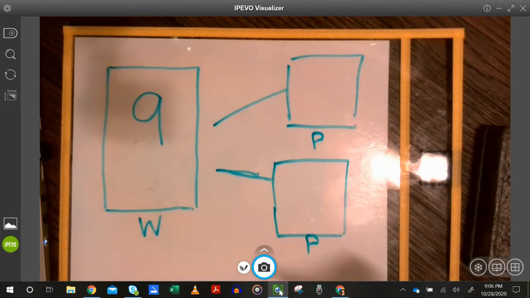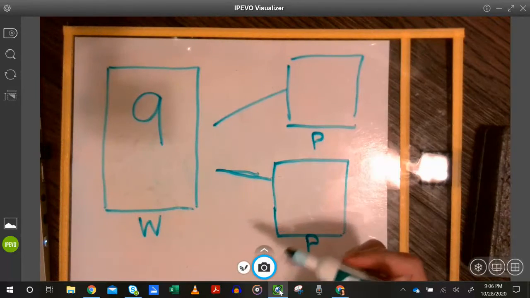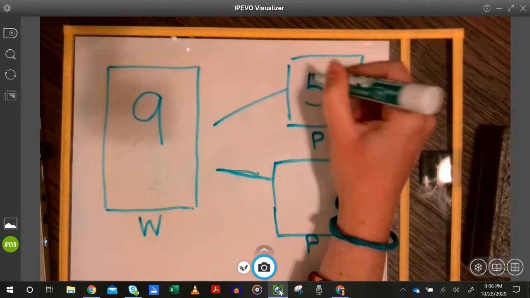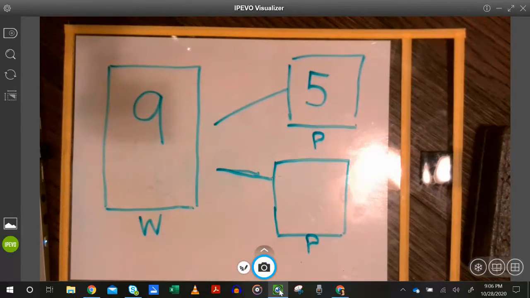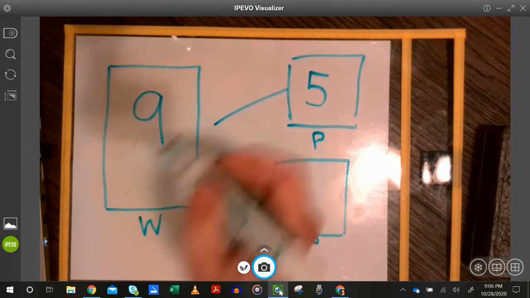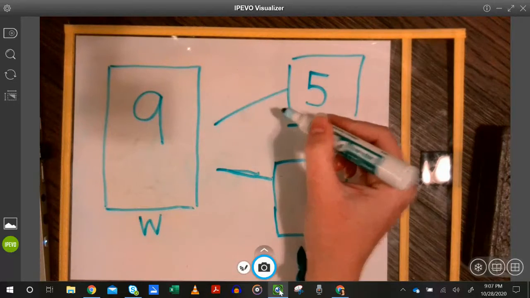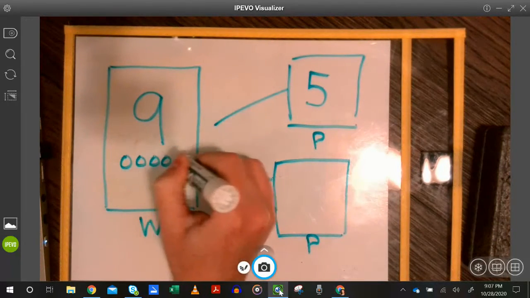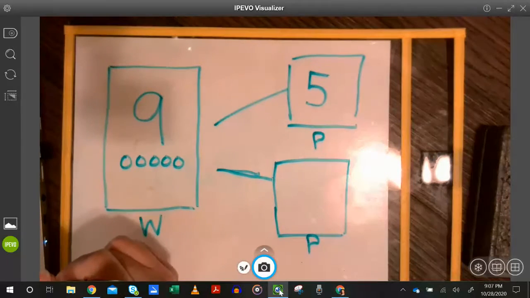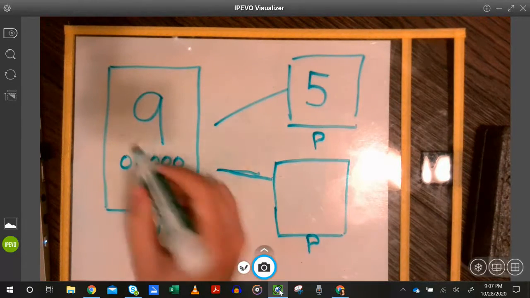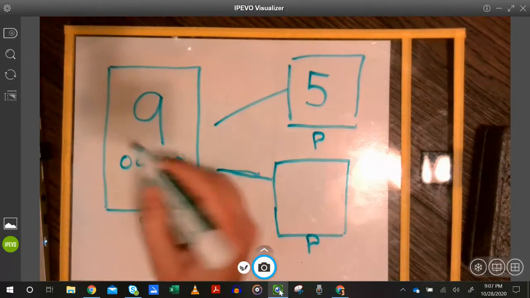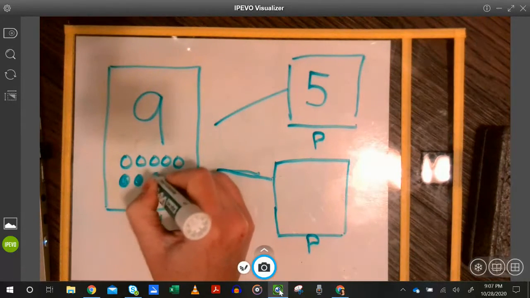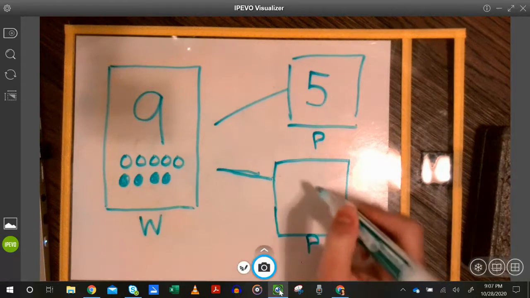So if our 9 is our whole, maybe one of our parts is 5. Okay, so if I know 5 is one part, 1, 2, 3, 4, 5, then what is my other part? Well, there's my 5. I need to keep going to 9. 6, 7, 8, 9.